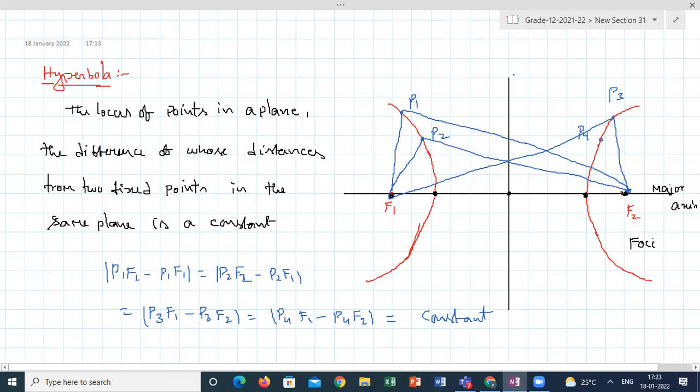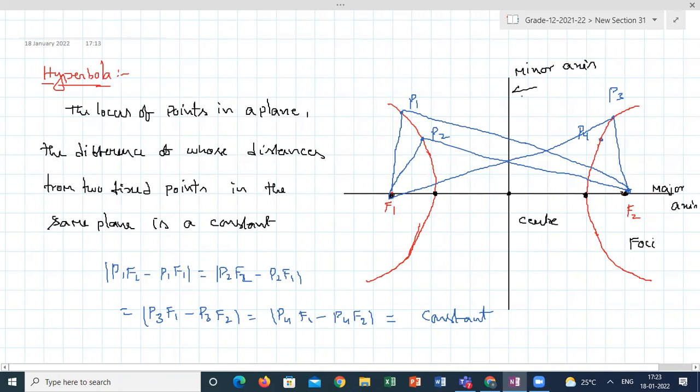And symmetric about a line, that line is called the minor axis. The point of intersection of the major axis and minor axis is known as the center. Here we won't actually call them major axis and minor axis.